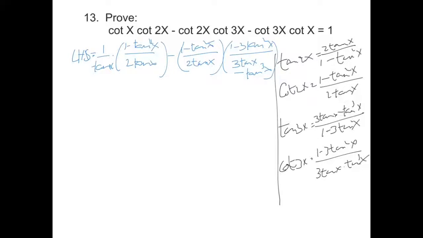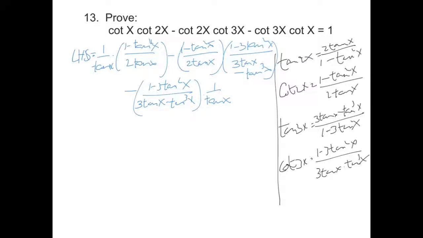And our last term, which is cot 3x, which is 1 minus 3 tan squared x divided by 3 tan x minus tan cube x, multiplied by cot x, which is 1 by tan x.